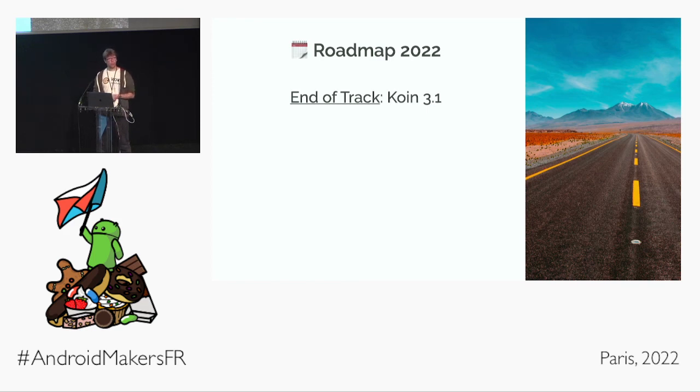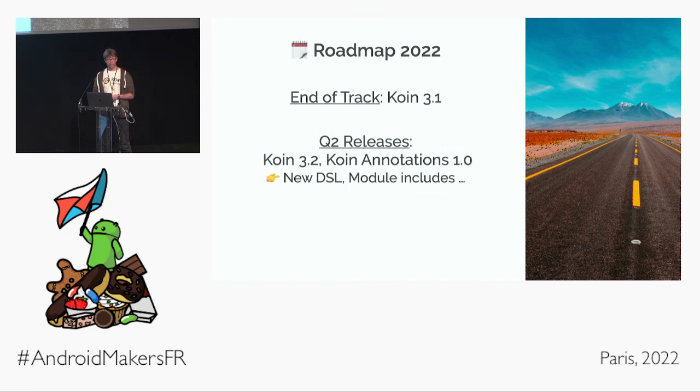Koin 3.1 is getting to the end of its track. As I was saying, the first version of Koin 3.1 was started last year in Q4, I believe. Then for Q2 this year, we are targeting the new Koin 3.2 and Koin Annotation 1.0. And Koin 3.2 is bringing really new, amazing stuff, like a new DSL that avoids you having to write get.